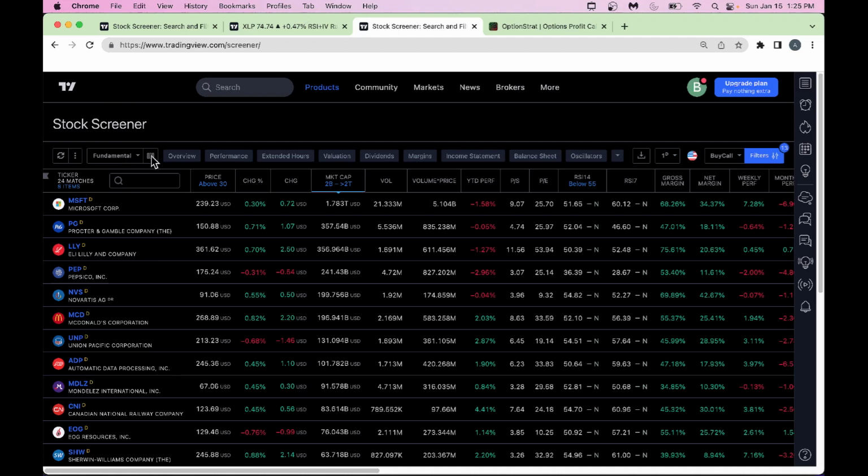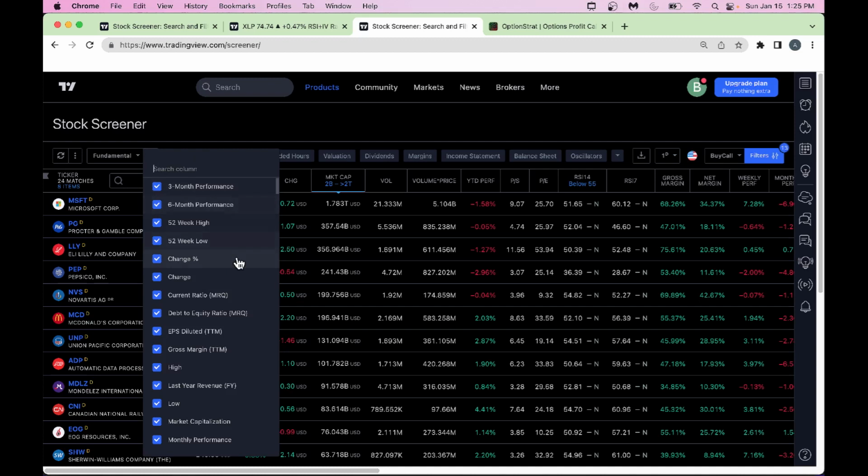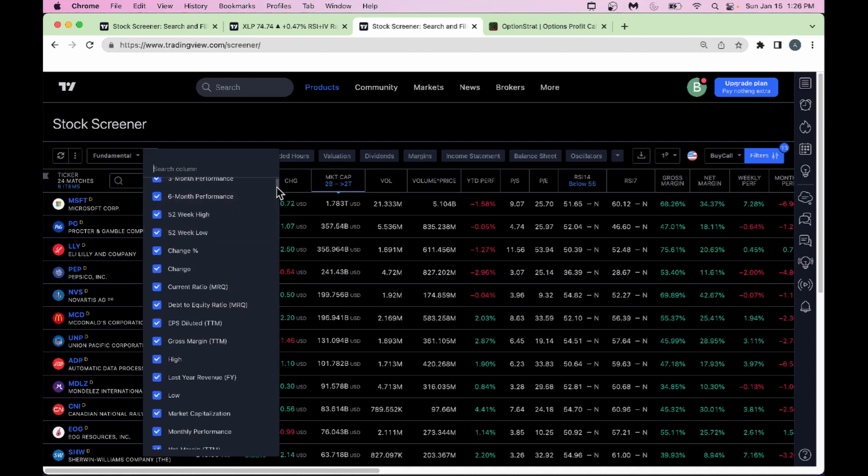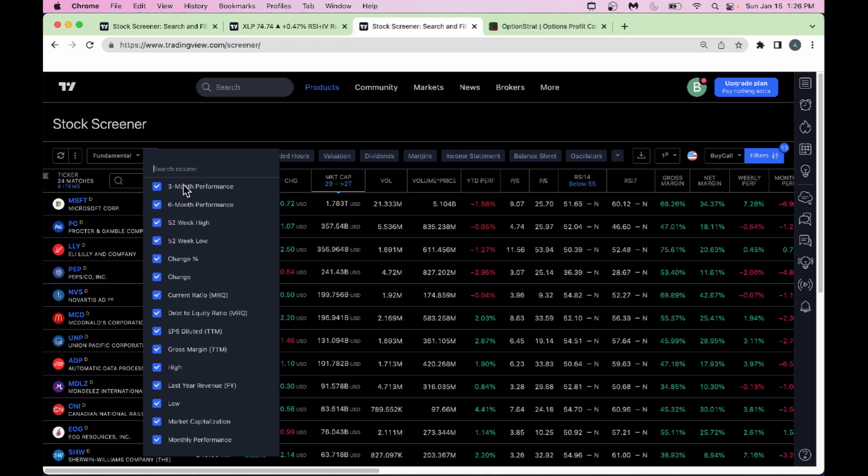And right now I will talk you through my fundamental layout here. Look, my fundamental layout is very simple here. I'm just selecting a few things like 3-month performance, 6-month performance, 52-week high, 52-week low, and a few important things on the fundamentals, including, look, I got net margin here. So you can easily click on this and select them just like I've done here.